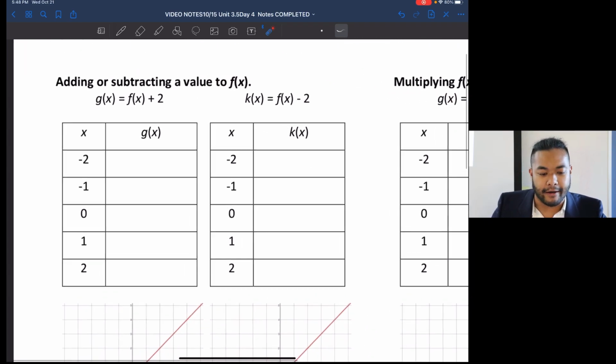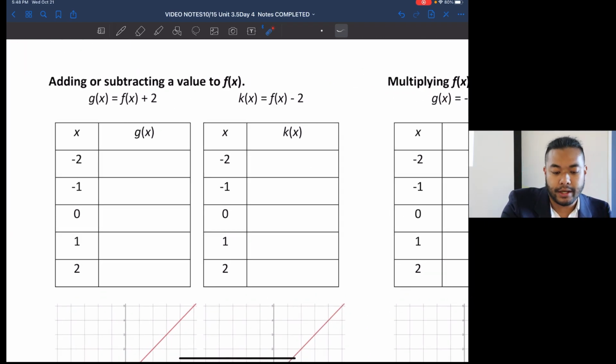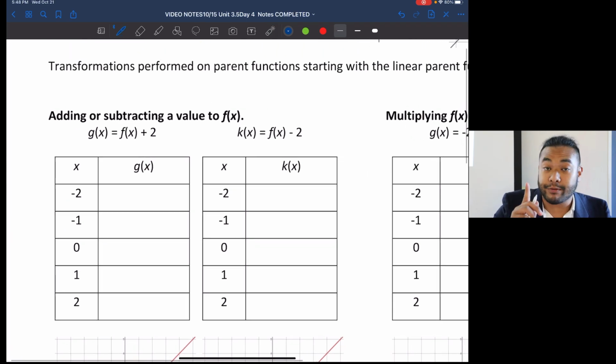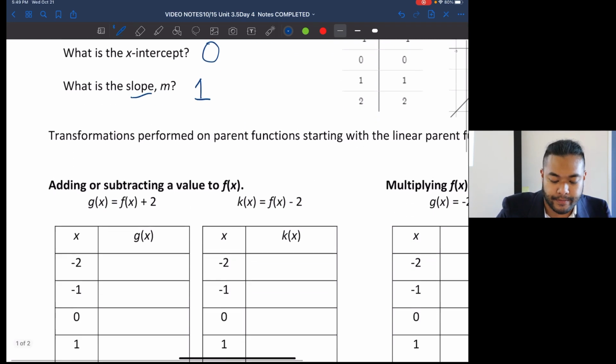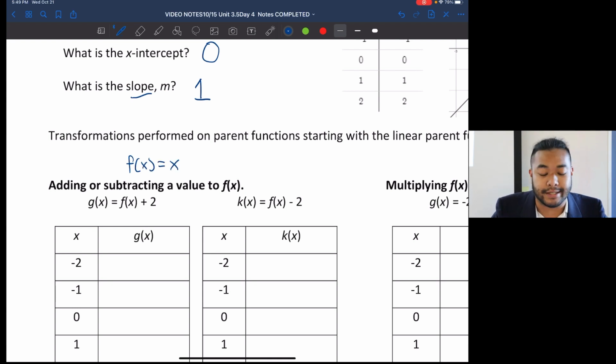If I have the transformation g of x, that is our transformation function. What are we transforming? Always, over and over again, we are transforming the parent function, f of x equals x, which we know is the same as y equals x.